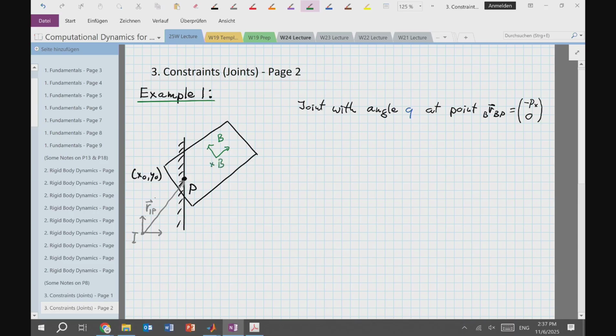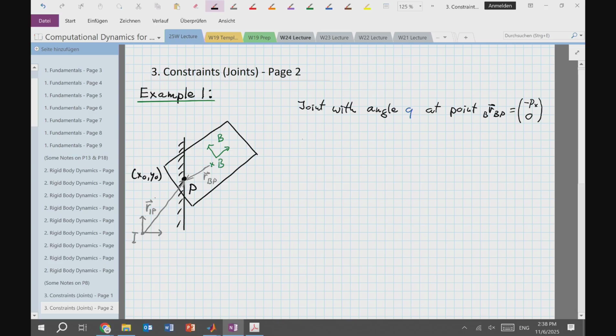Coordinate system B, point B. And then within, that's a bad drawing, but within this body, I have a body fixed vector, right? Body, point B is body fixed, and then the location of the joint on the body is body fixed. So I have a vector RBP that connects the location of my body given B to this point P on the body.